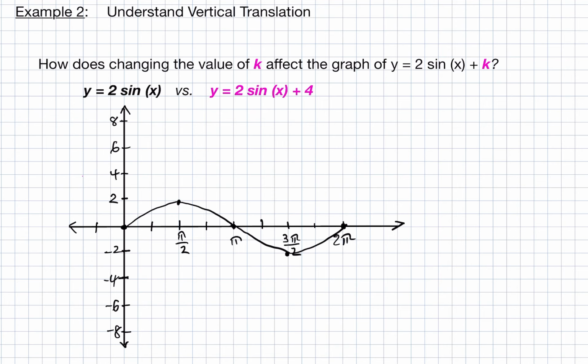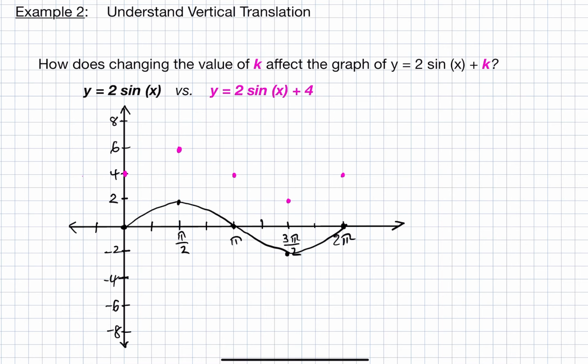Now, if we were to take into account this plus 4, what this means is that this is going to be a vertical shift up by 4 units. So instead of it starting at 0, 0, we'd start at 0, 4. So everything basically moves up by 4 units. So at pi over 2, it goes up to 6. At pi, it goes back down to 4. At 3 pi over 2, it's going to go down to 2. And then at 2 pi, it goes back up to 4.